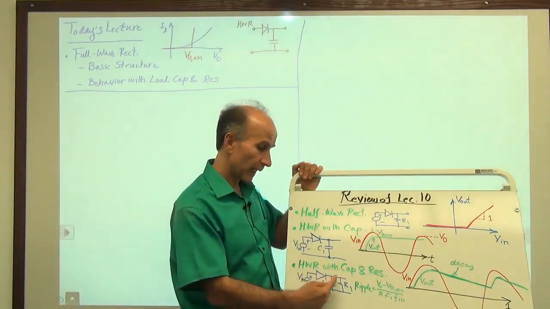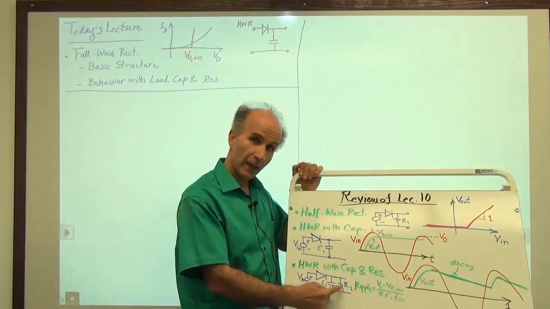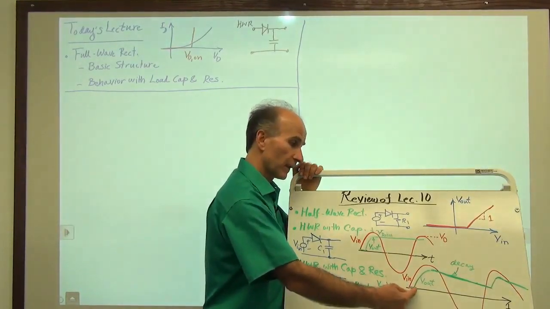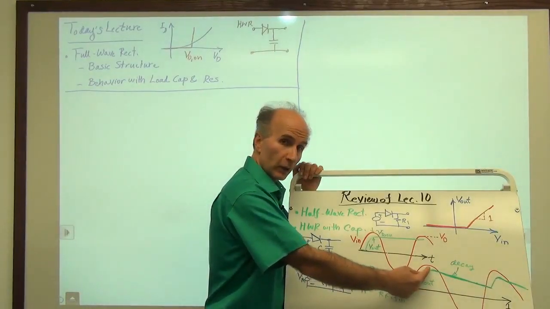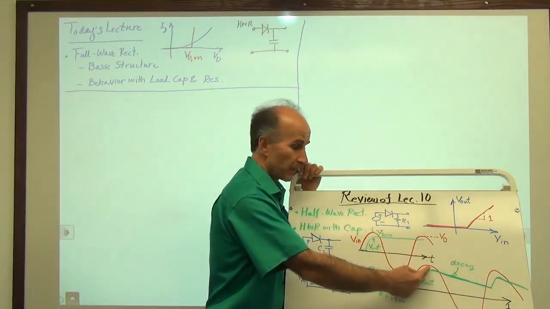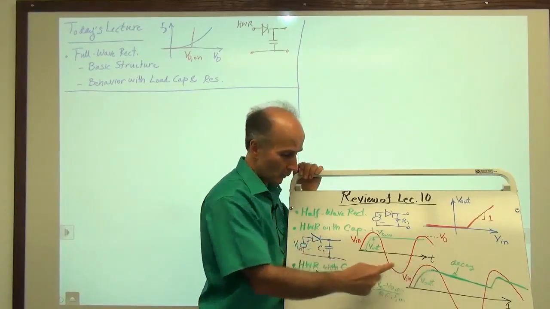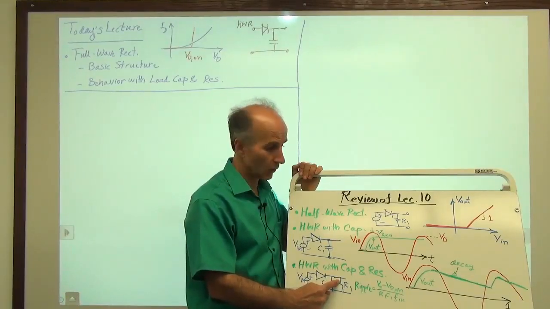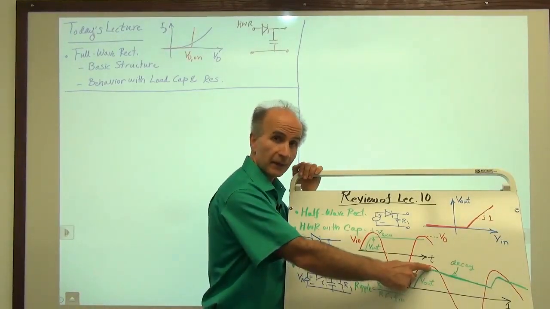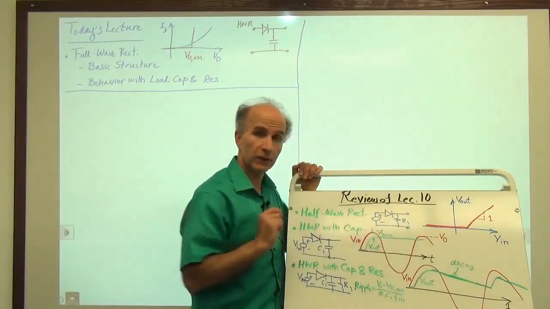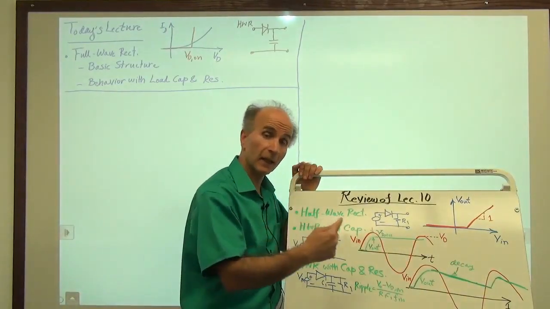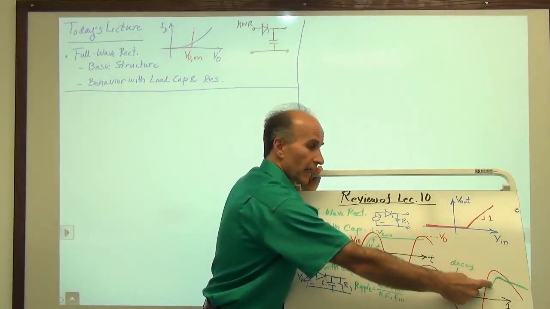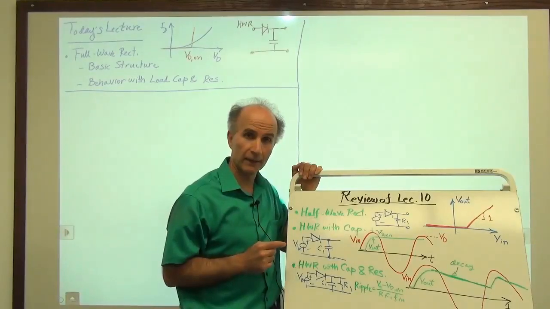So when we look at the output waveform, when the input is a sinusoid, we see that the output starts from 0 and then goes up to 1 diode drop below the peak. But once the diode turns off, we have 1 capacitor being discharged through 1 resistor. So the output does not remain constant. It decays downward until next time around when the input comes up and turns on the diode again and charges the capacitor again.